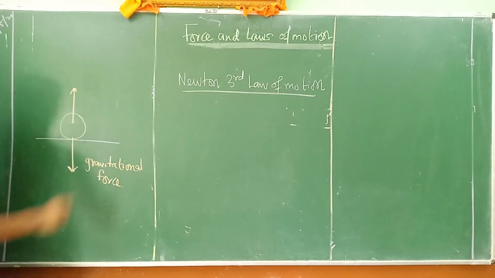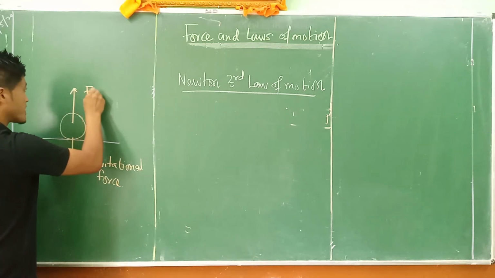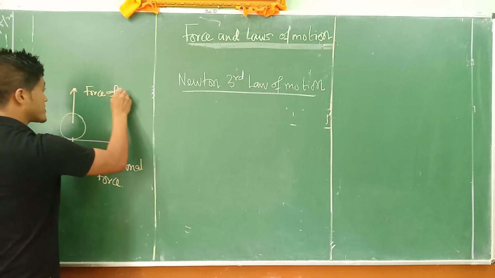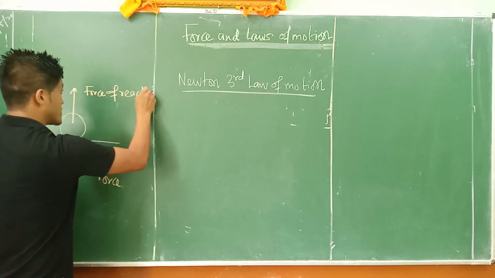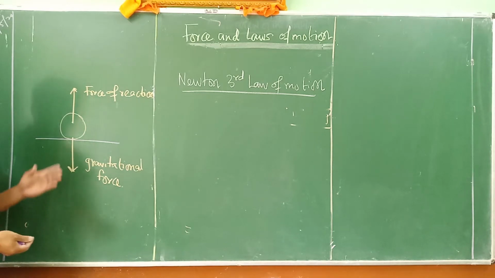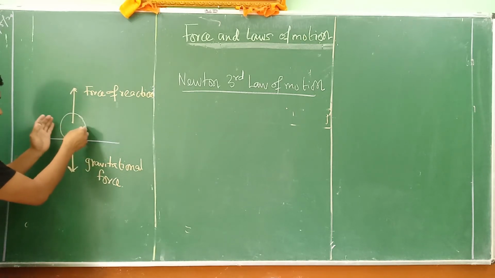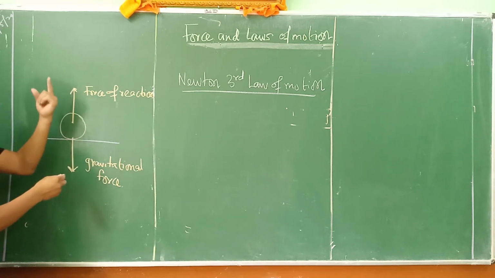This is what we call the normal force, or the force of reaction. Now we know that even if we apply a small amount of force on this side, this ball is going to move. That means this ball is neither moving inside, nor going outside.